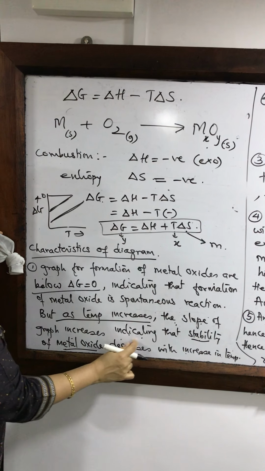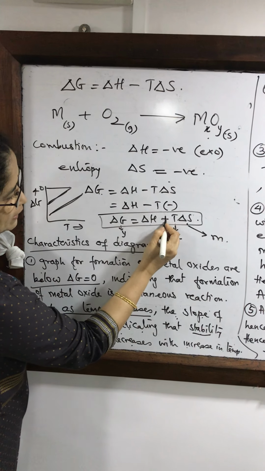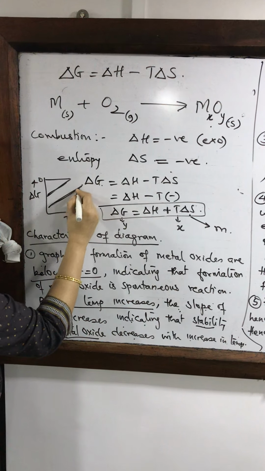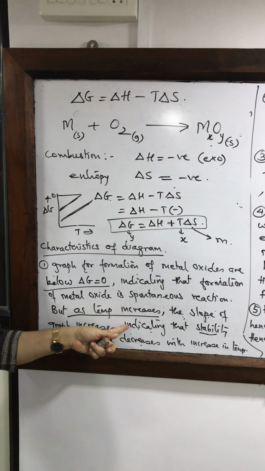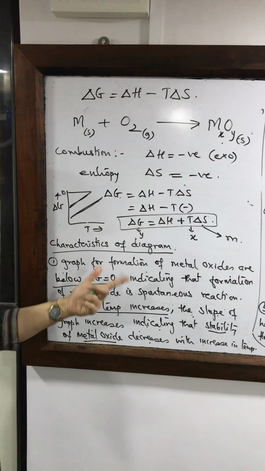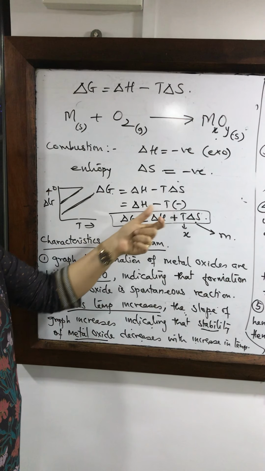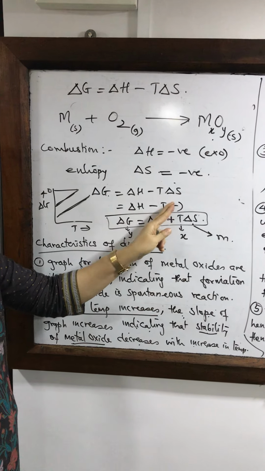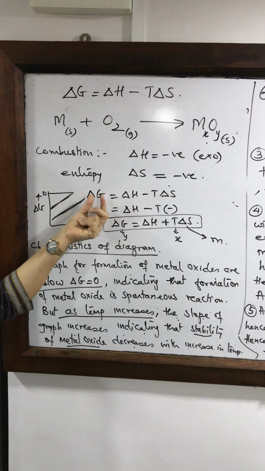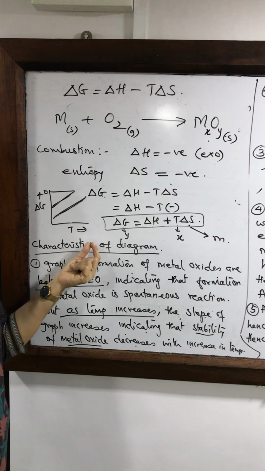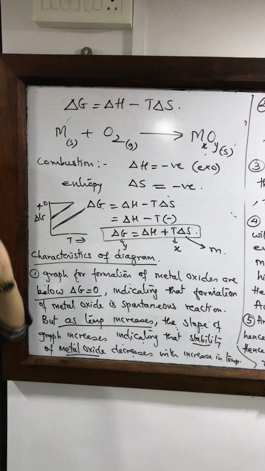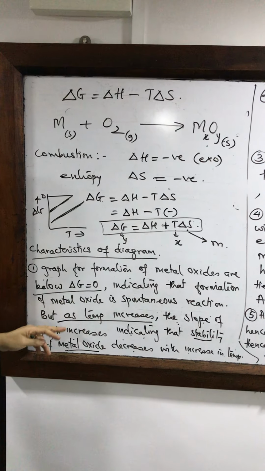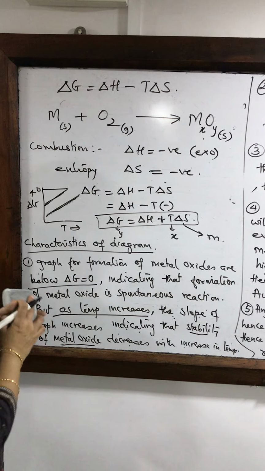So with increase in temperature, the slope is becoming positive. It is going in the upward direction. That is another way of understanding this point. Or otherwise, we can say that with increase in temperature, this term is becoming more and more positive, and the value of delta G, which should have been negative, is going to become less negative. So the graph is going in the upward direction. So that is the first point that we have to remember.